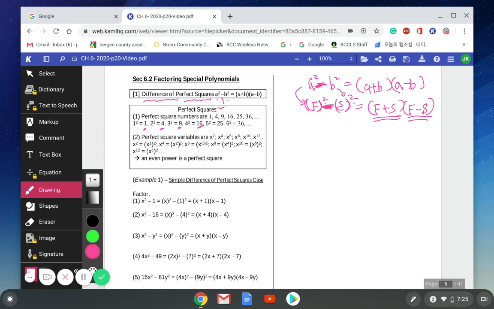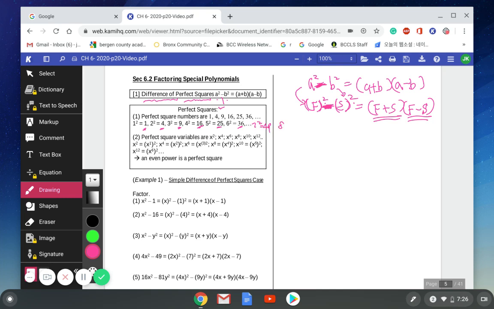So 16 is a perfect square number because it's 4 times 4. And 25 is the next perfect square number. It's 5 times 5. 36 is a perfect square number. So guess what would be the next perfect square number? 7 times 7, which is 49.